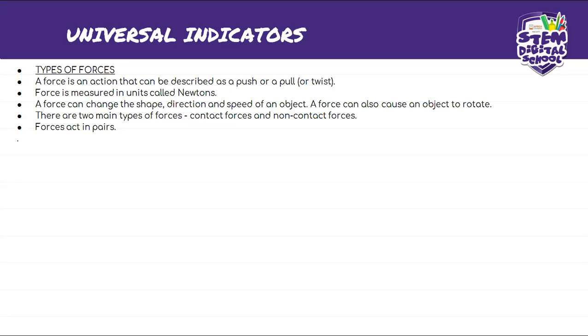Now, when we exert a force, either we are pushing or we are pulling an object, then the object can change shape or it can change direction as well as the speed of that object. Or it can even cause the object to move about or rotate. All right.